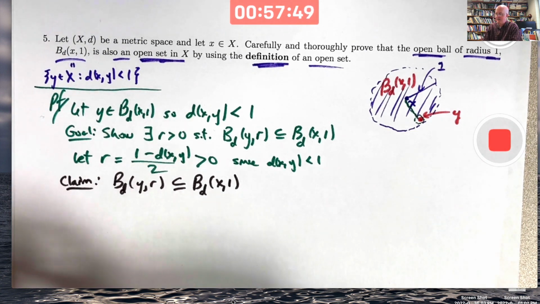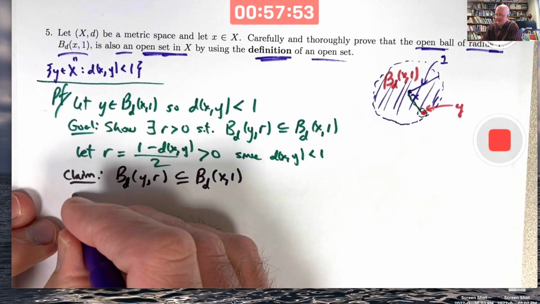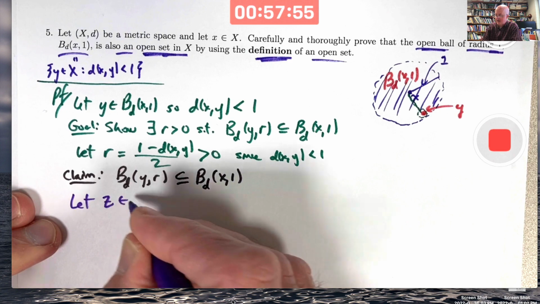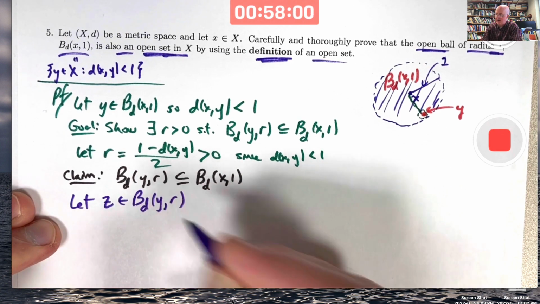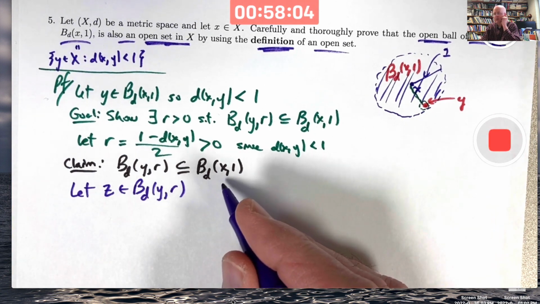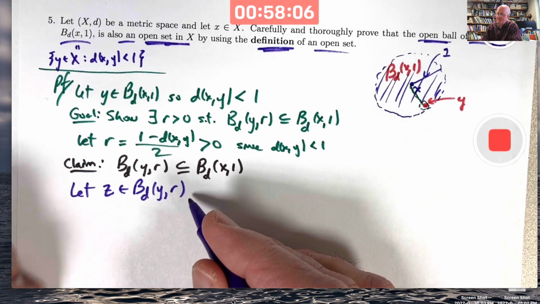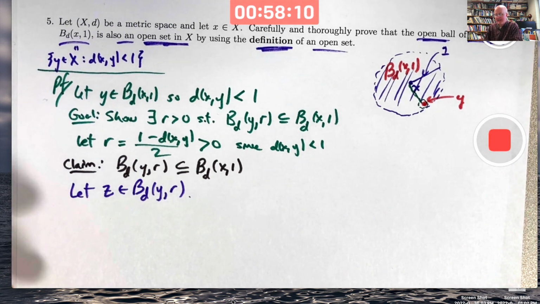So to prove this claim, I need yet another symbol. Say let z be an element of the open ball of radius r centered at y. I've got to show it's in the open ball of radius 1 centered at x. Wow, it sounds like we're going in circles, but that's what we need to do.